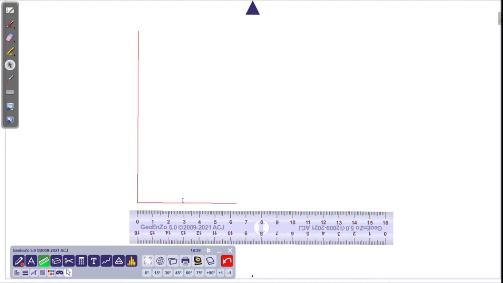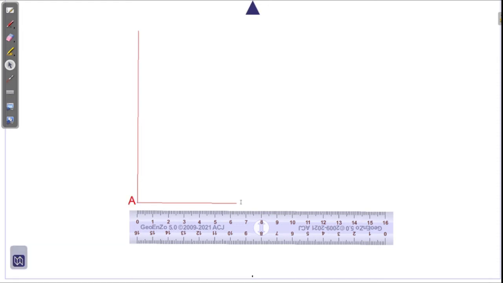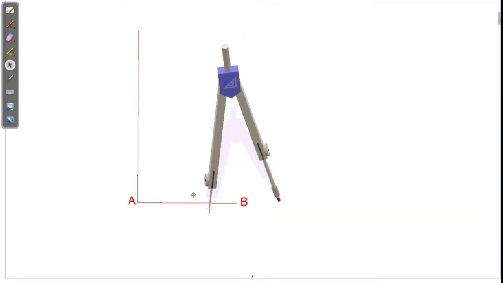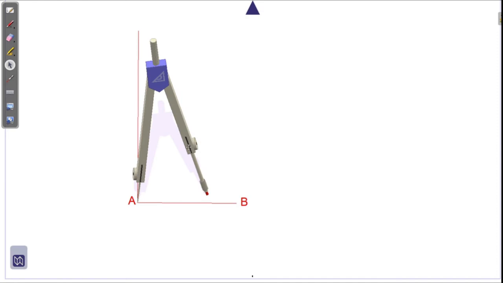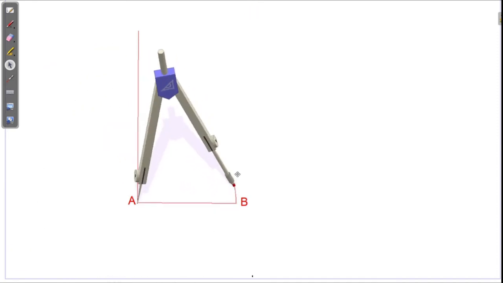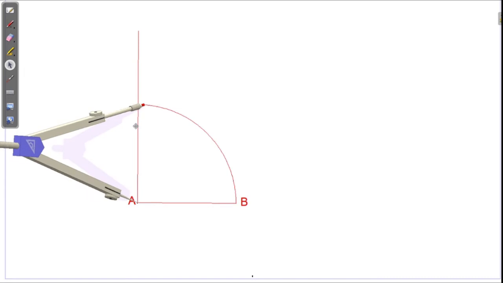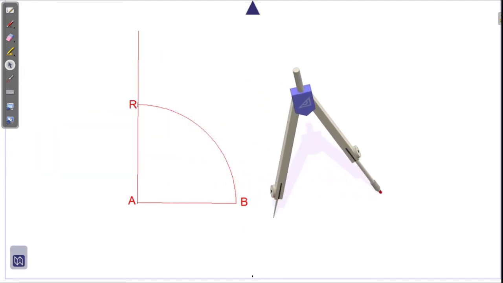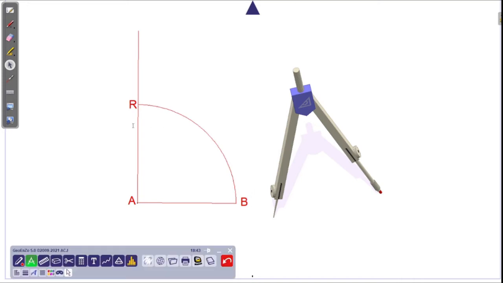This line is 6.4 centimeter, with points A and B. Now I will draw a semicircle with this value 6.4. This is the semicircle, and this point R.